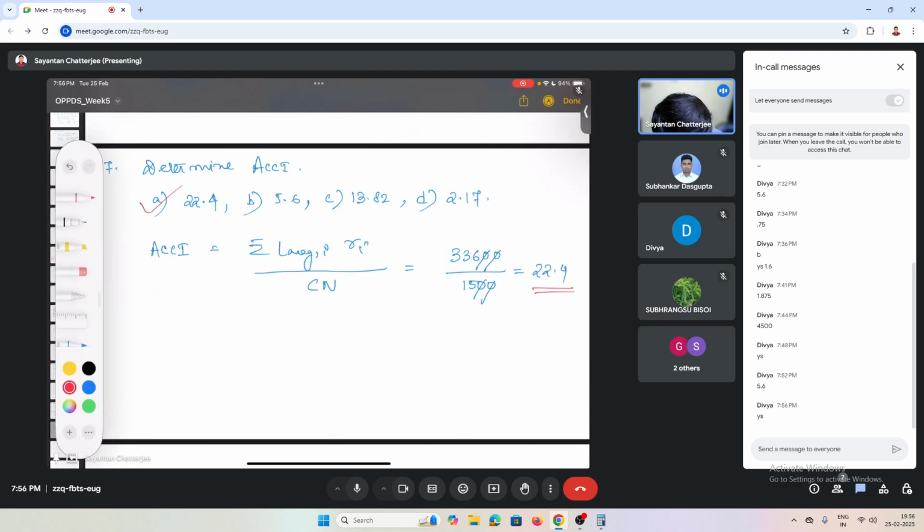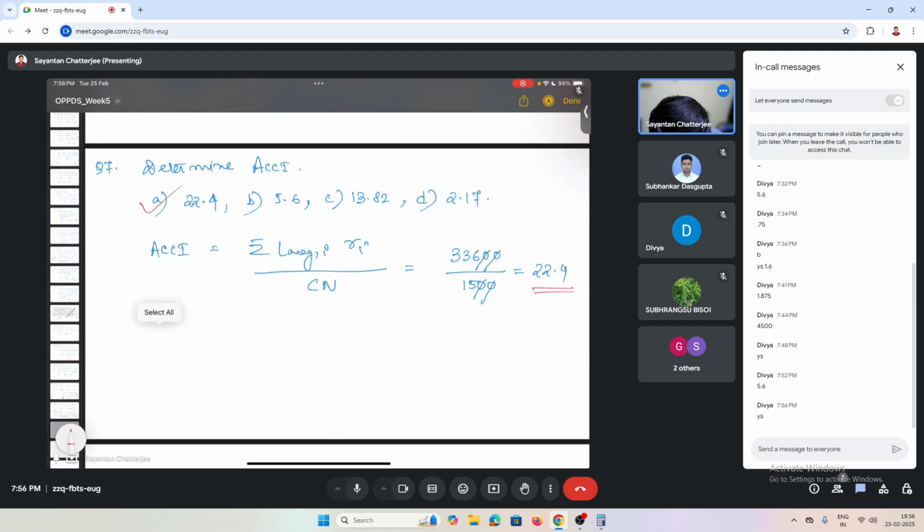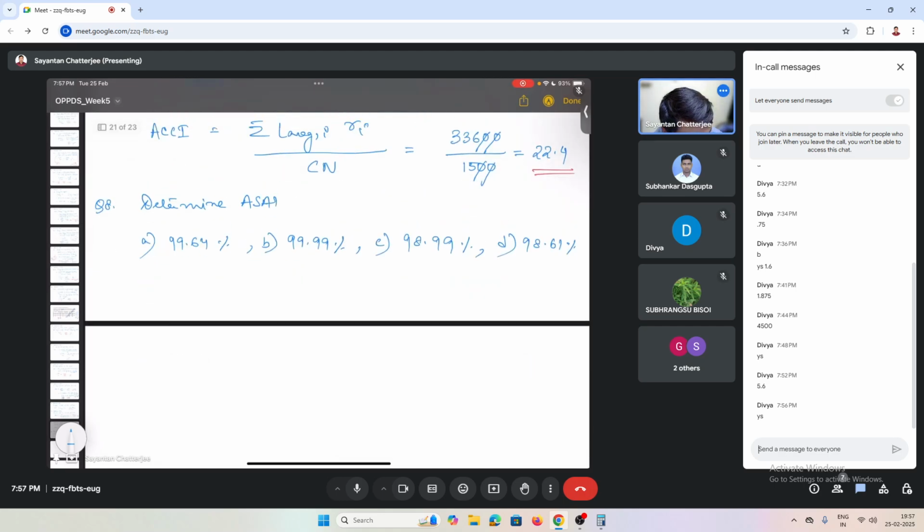So moving on to the next question, determine ASAI. This gives the service availability index. Okay, so the options of ASAI are given.